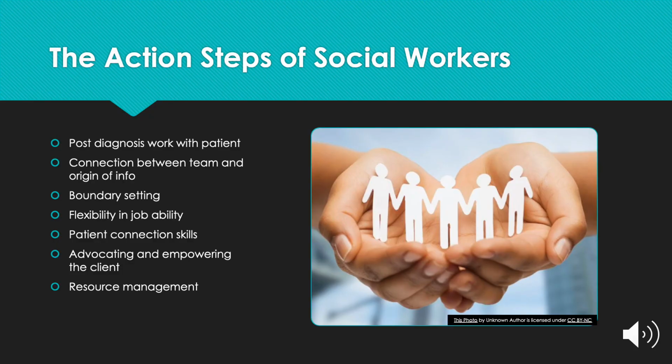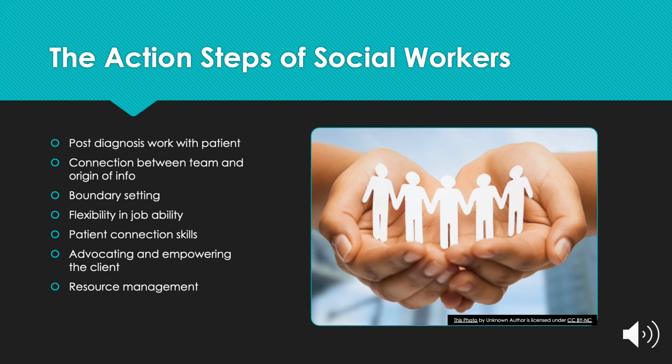Now, the action steps for the social workers are what they do normally within the job setting of ambulatory care. This can involve post-diagnosis work with the patient, obtaining whatever they need, and relaying that information to the doctor or the care staff, because they're often the connection between the team and the origin of info. Now, working with so many different clients, you're often obviously going to have to set certain boundaries to maintain a professional distance.